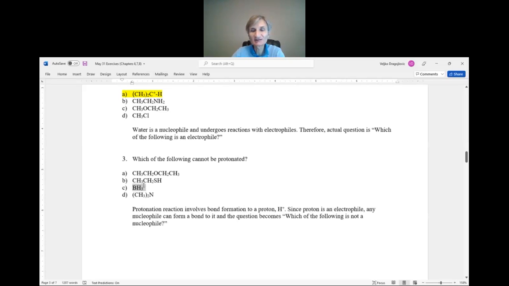BH3, this one actually has an empty orbital, this one is an electrophile. Two electrophiles are electron deficient, they cannot react with each other, so that's correct. And the last one is trimethylamine. It has a free electron pair on nitrogen, it can be protonated.